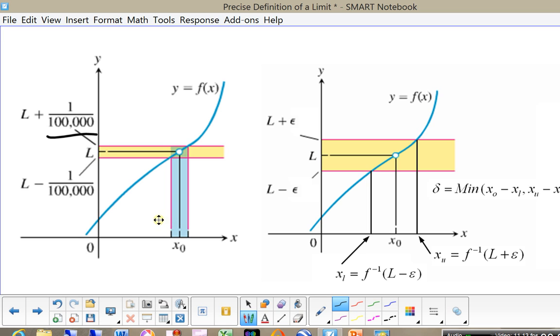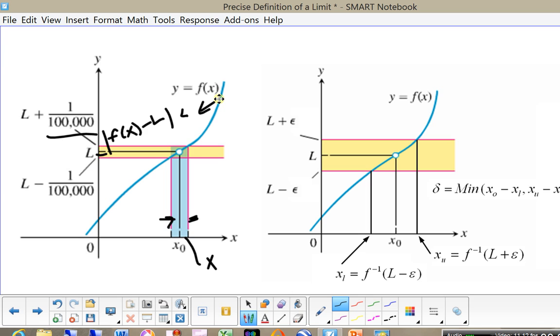You squeeze in what your value of delta will be, but you'll always be able to get a delta such that if x is picked within delta of x naught, f of x minus L, the distance from L, is going to be less than epsilon.